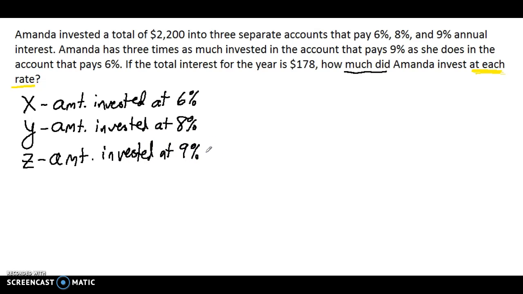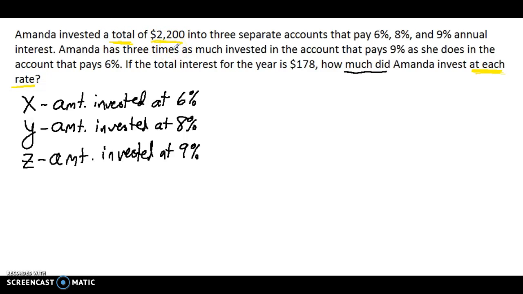And now we ask, what do we know? In most of these problems, one of the equations should jump out at us. There might be 2 or 3 that jump out at us, but at least one should. The one that jumps out to me here is we invested a total of $2,200.